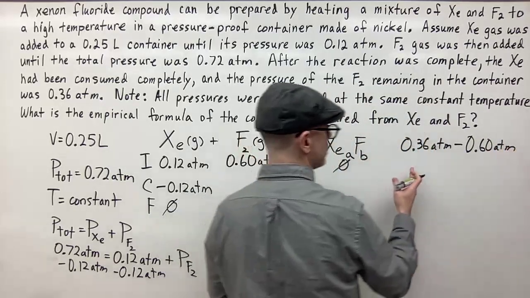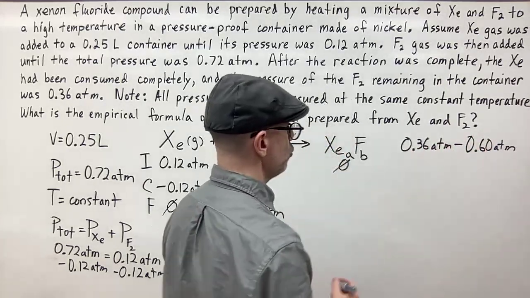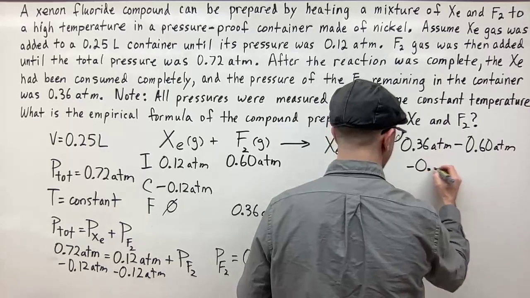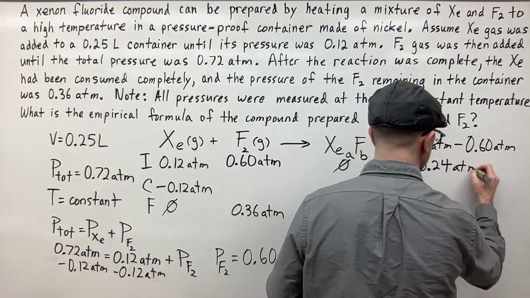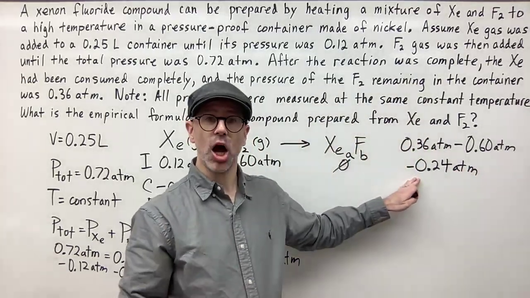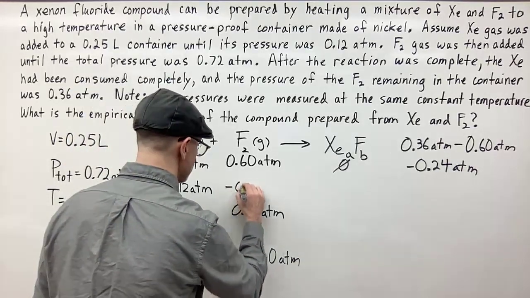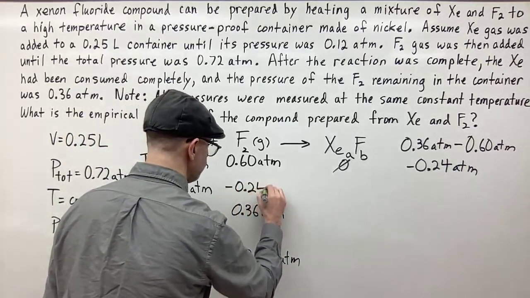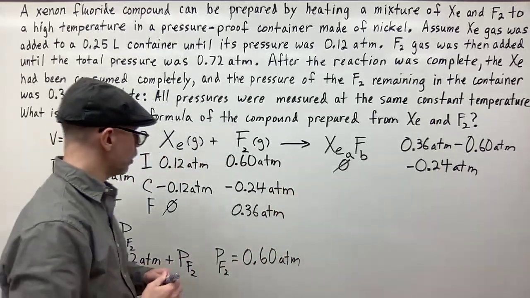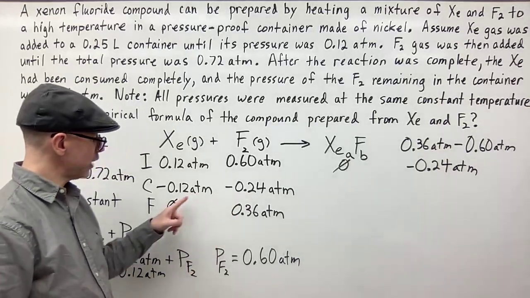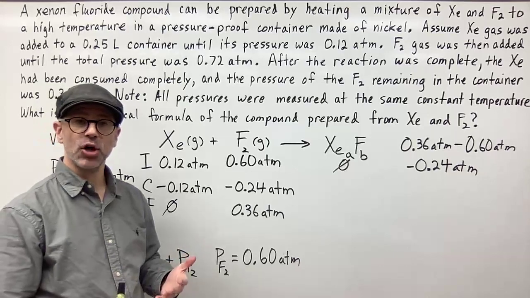And when you subtract the 0.60 from the 0.36, you get negative 0.24 atmospheres. What does the negative mean? It means we lost that much during the reaction. So then this is negative 0.24 atmospheres. Okay, so now we have the change in both of these after the reaction has gone to completion.